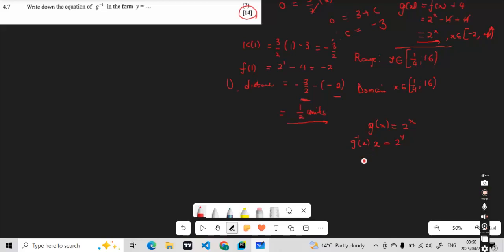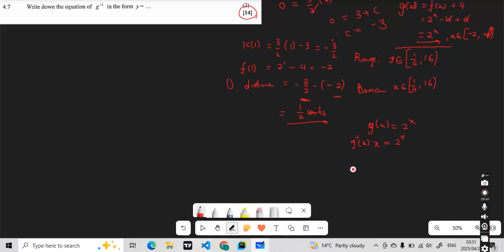But remember, they said you must write it in the form of y is equal to. So here is where we are going to introduce our log, because we cannot make this y the subject of the formula without using the logarithm.